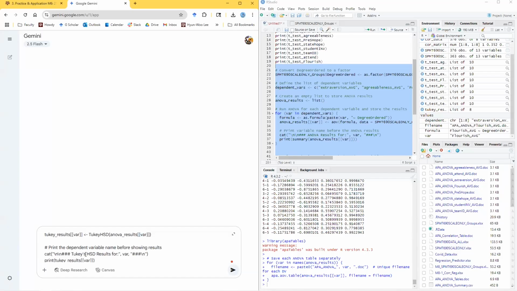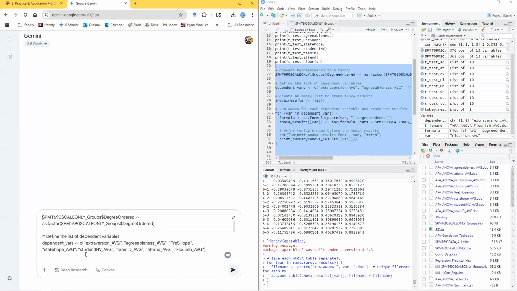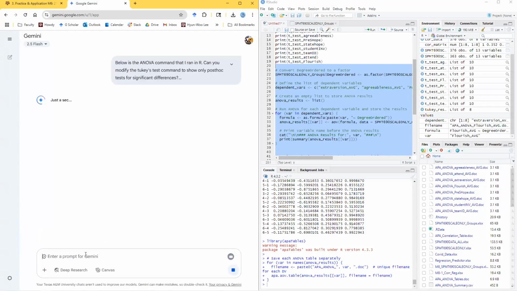And I'll paste the command that I used. And let's see what AI gives us.